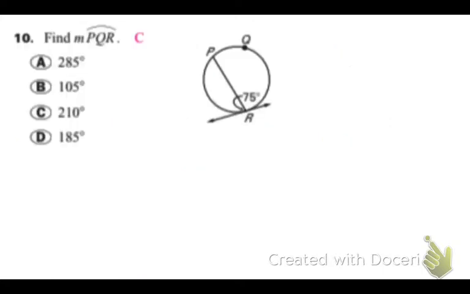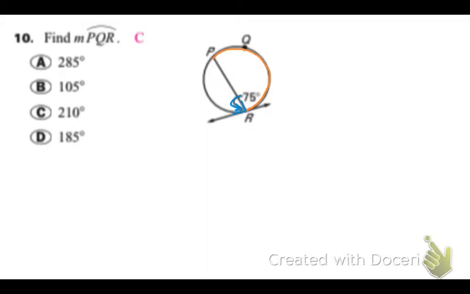Now this guy is a little bit tricky. They want you to find the measure of P, oh, sorry. I don't want an angle, they want an arc. So PQR. And you're given that the measure on this angle here is 75 degrees.